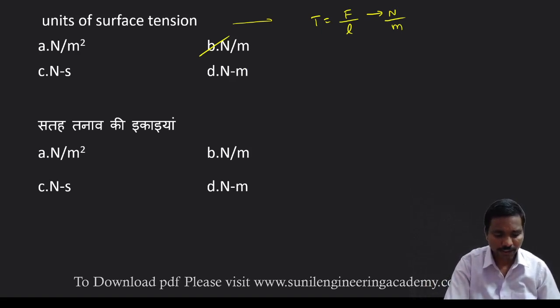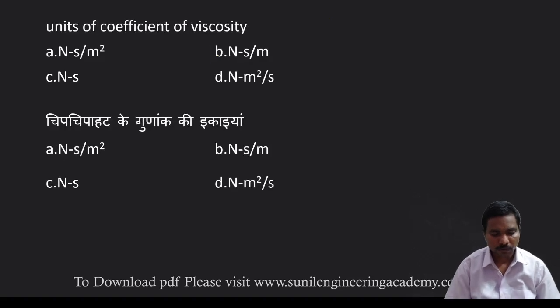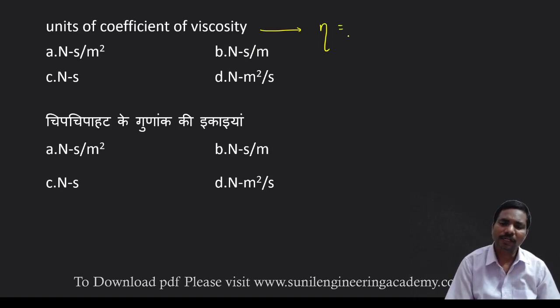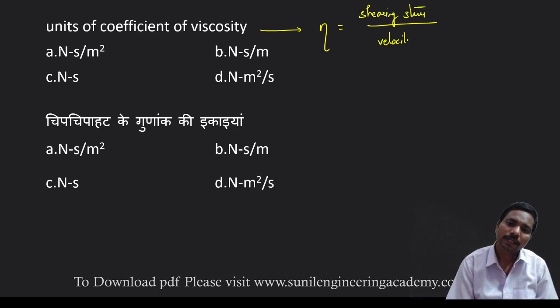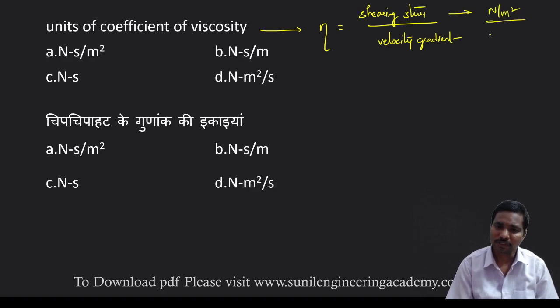Coming to the next question, coefficient of viscosity, denoted with the letter eta. It is shearing stress by velocity gradient. Stress is Newton per meter square, same as pressure.